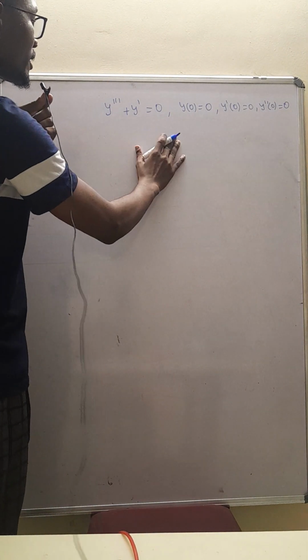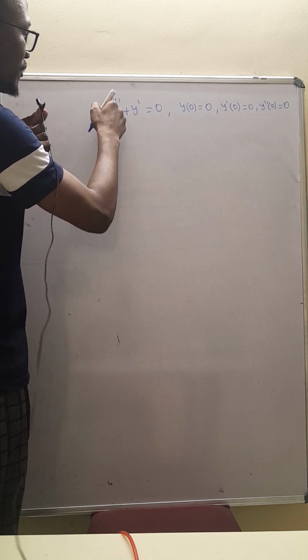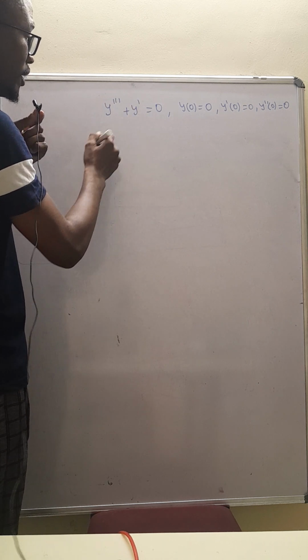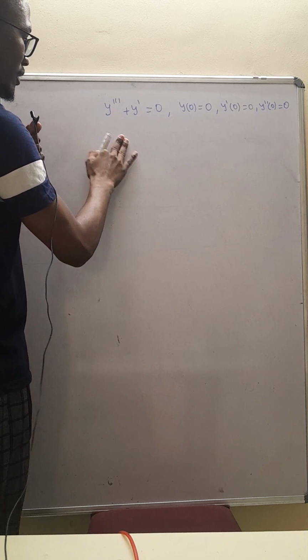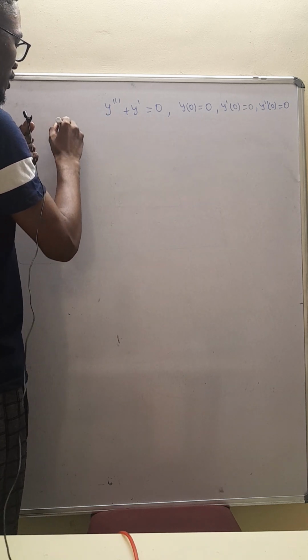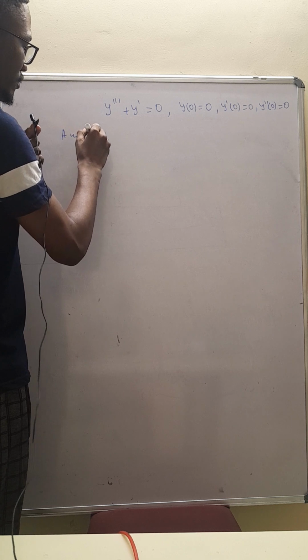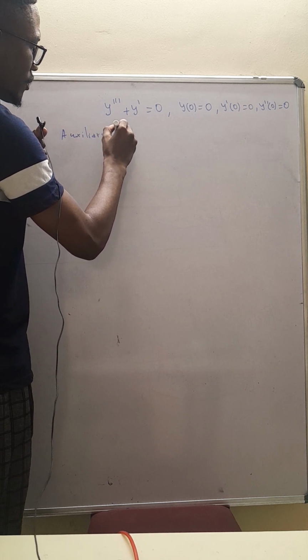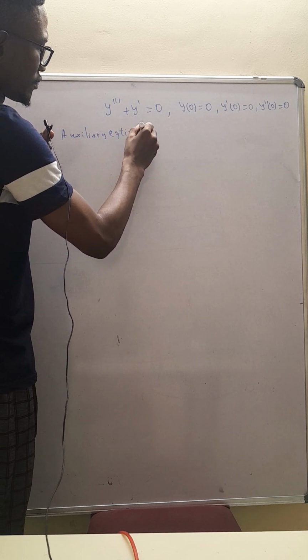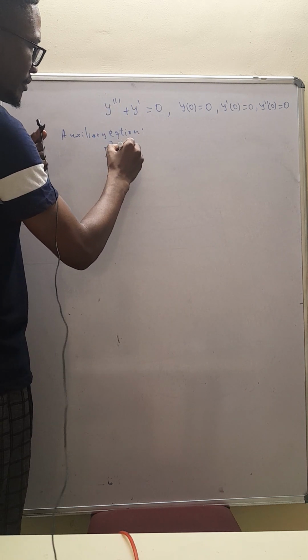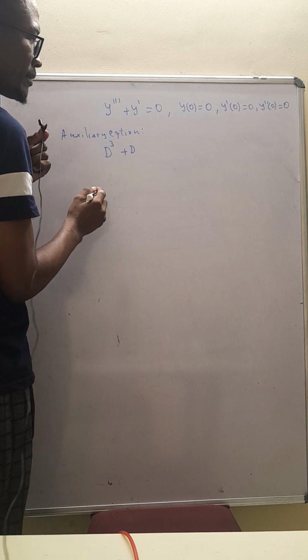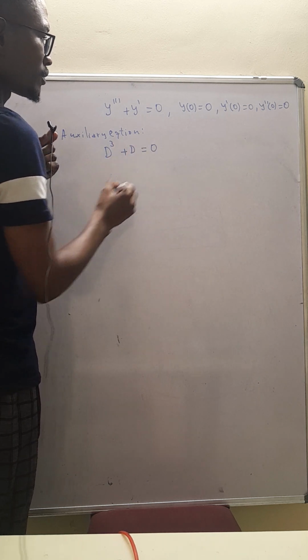See, this equation, you just come here and you find this is y triple dash, this is y, then you are going to have y. Just find first the auxiliary equation, write the auxiliary equation. What will it be? D cubed plus d is equal to 0.